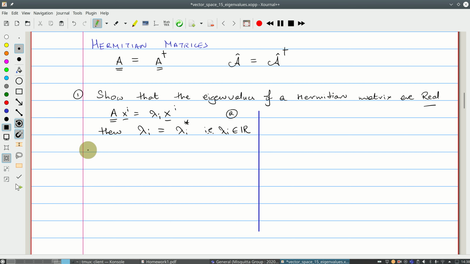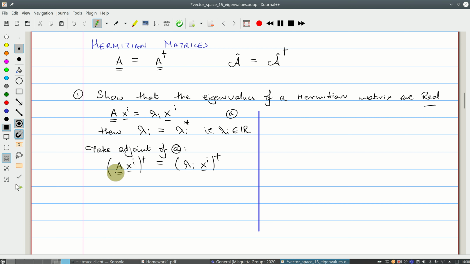Take the adjoint of a. What that gives us is (A xi) dagger is equal to (lambda I xi) dagger.